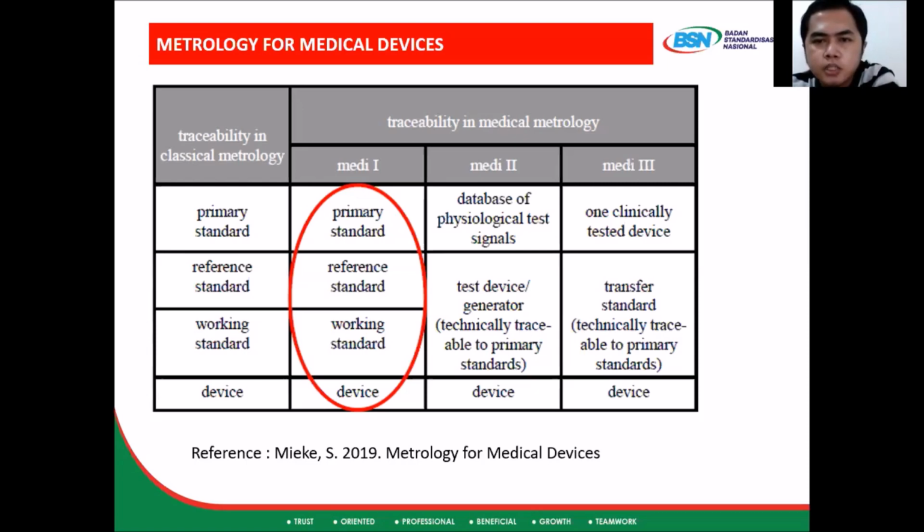And in MEDI 3, the primary standard is one clinically tested device, down to the transfer standard, which is technically traceable to the primary standard and down to the device.